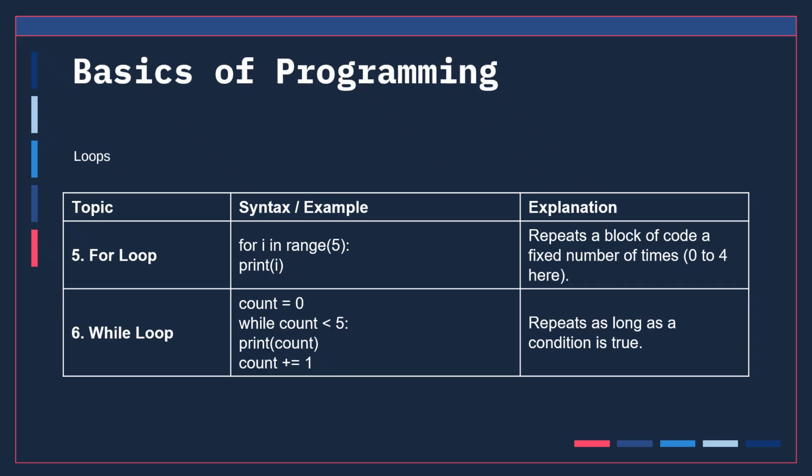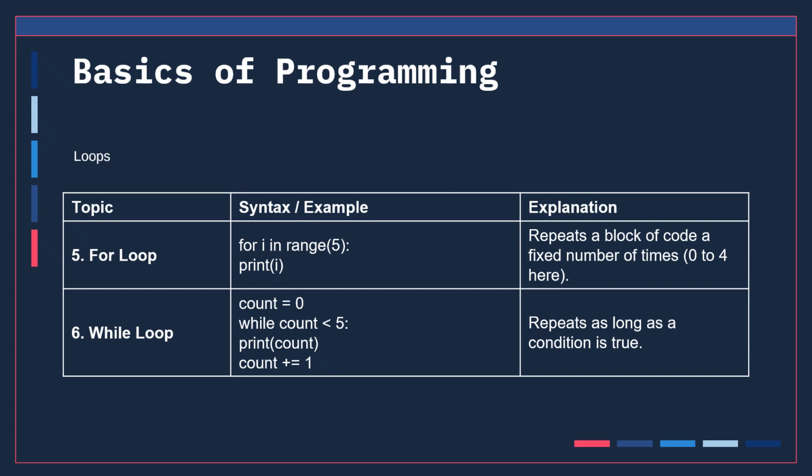And next, the for loop and while loop. In a for loop, you know the value, that is, how many iterations I am going to give. In this for loop, I use for i, where i is the variable name, in range 5.